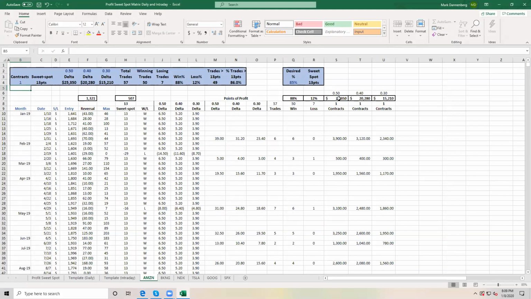And over the course of a year, it's $25,000. So you've got about a $4,500 commitment for the year. Let's say a $5,000 commitment in terms of cost for the year, but trading 1 contract on just a simple stock like Amazon, you can make $25,000.